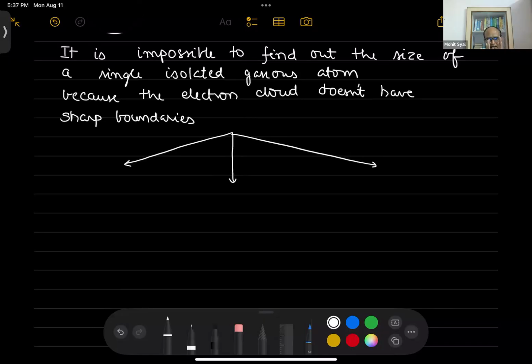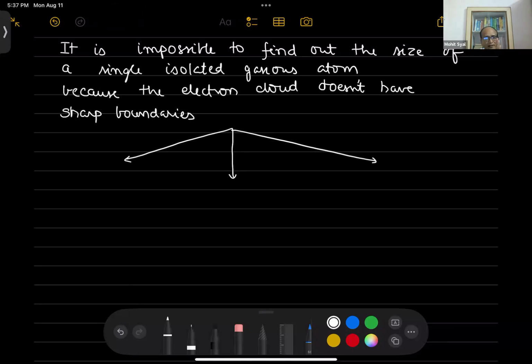How close they are can let you imagine the size. Suppose small atoms are there, they will come very close to each other. So what you do is take the distance between the two atoms, divided by two, half that distance. That will be the size of the single atom. Are you getting my point?